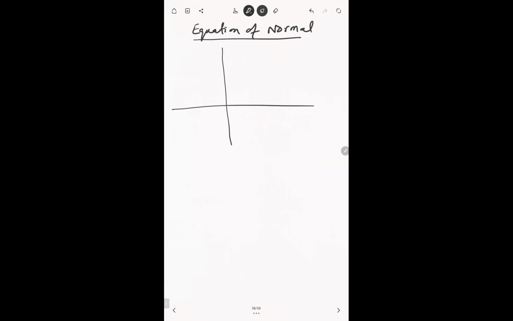If I say this is a curve, and if I draw a tangent at any point, say at x is equal to 2, if this is a tangent, and if I draw a normal, a line perpendicular to that tangent, which is also passing through the same point, x is equal to 2. This line, which is perpendicular to the tangent, this is normal. This line is called tangent line, and that line, which is perpendicular to tangent, is called normal.